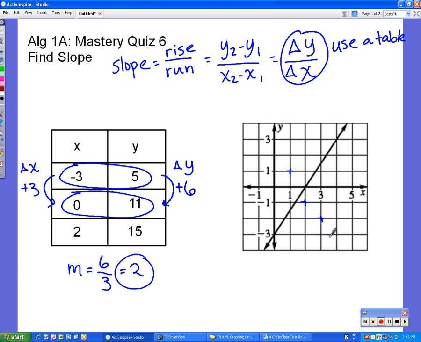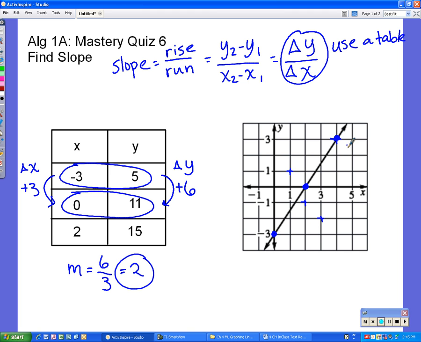So one nice point I see is right here where the line crosses that grid corner. So that is a nice point. This graph actually has 3 nice points. There's another one, and the third one is here. We only need 2 of those nice points in order to solve this for the slope.